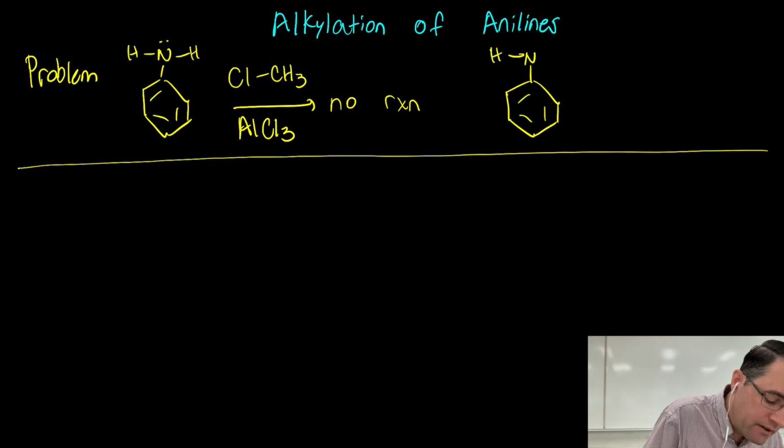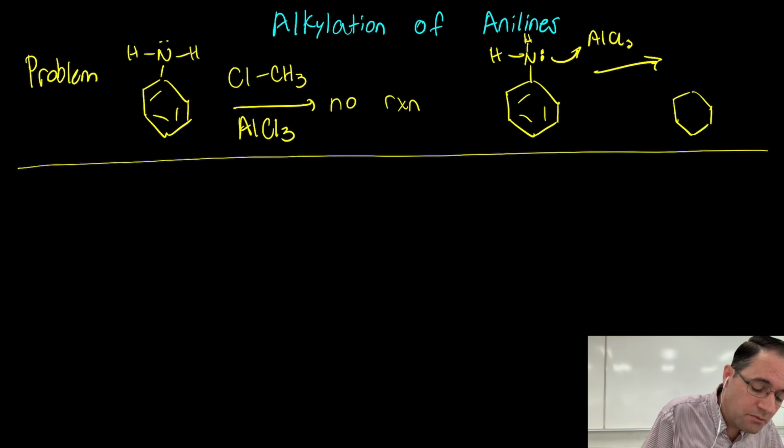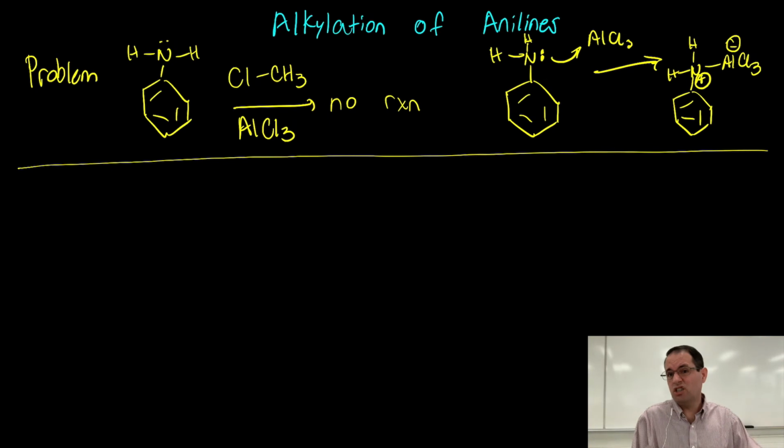So what you have is the nitrogen lone pair attacking the catalyst, and that kills the aluminum chloride, which is the activator, and it also makes the aromatic ring now electron withdrawing too much so that nothing happens at this point, okay? So remember, when you have a positive charge on an atom right next to an aromatic ring, that's considered an electron withdrawing group. So this is dead in the water. The aluminum can't react, the aromatic ring can't react. Nothing happens, okay?